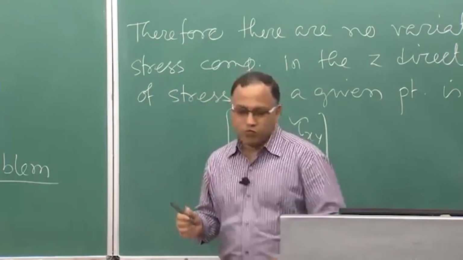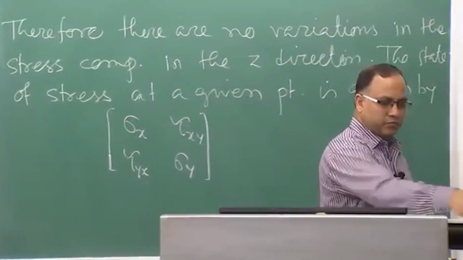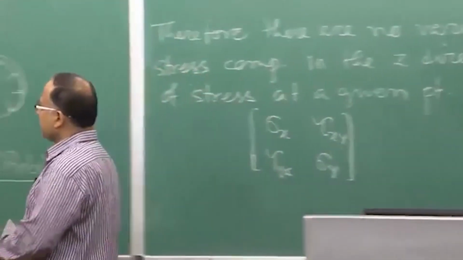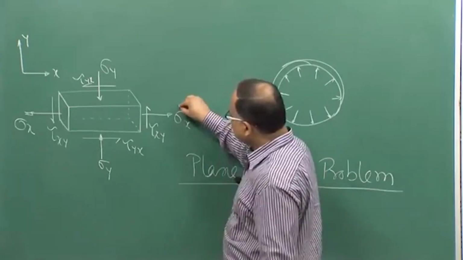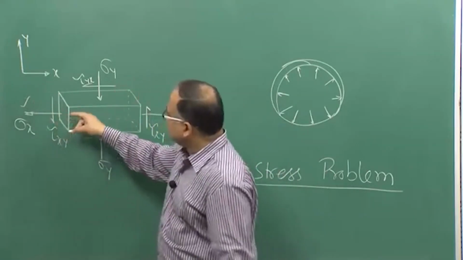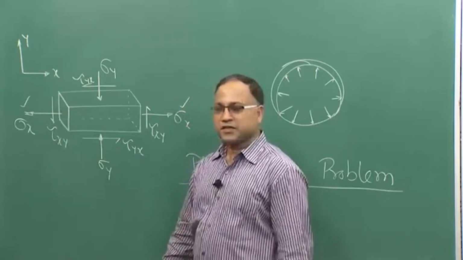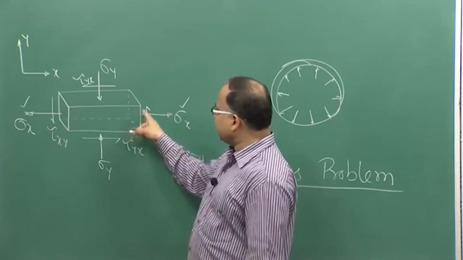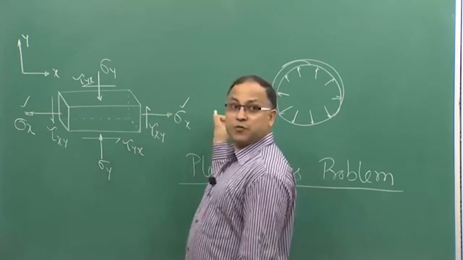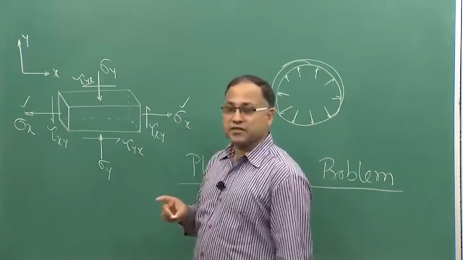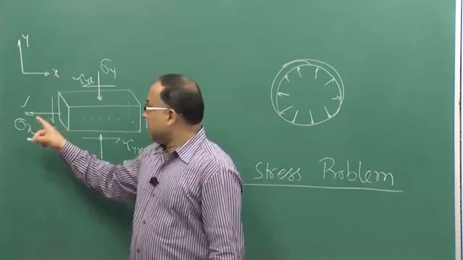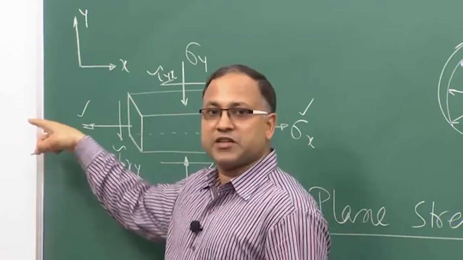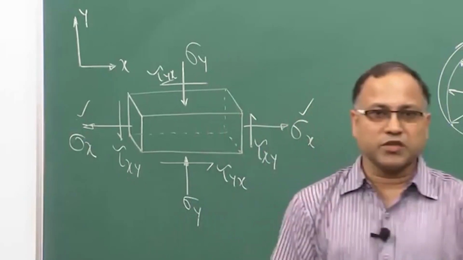So, if you come back to this figure, for the sigma x, this face is my negative x face, this face is my positive x face. On the positive x face, sigma x acts towards the positive x direction, so this sigma x is positive. Similarly, on this negative x face, sigma x is acting towards the negative x direction, so that is also positive.